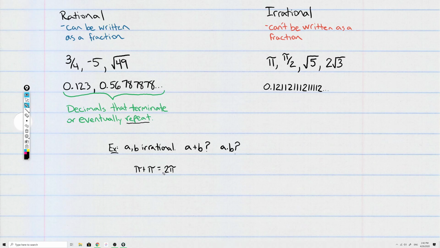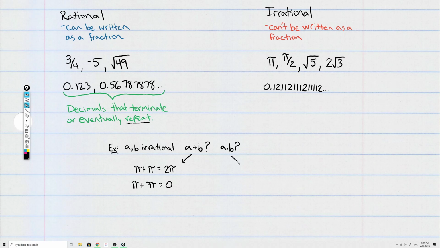Well, that's still an irrational number, and you might think to yourself, well, if A and B are irrational and I add them together, I get an irrational number. But be careful. Go through some more examples in your head or write them down like I'm doing. If you have pi plus negative pi, and you add those together, you get 0, which is a rational number.